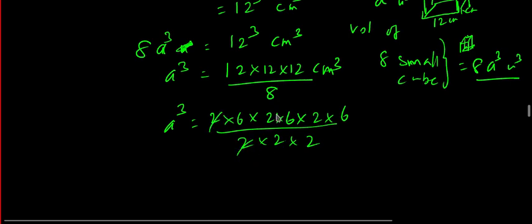So each 2 will get cancelled. So a cube equals 6 into 6 into 6 centimeter cube.